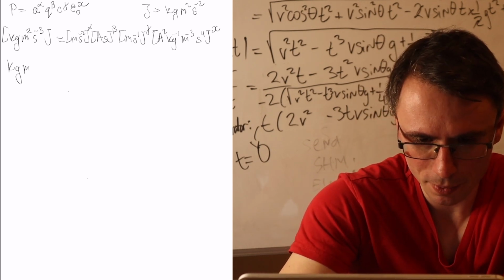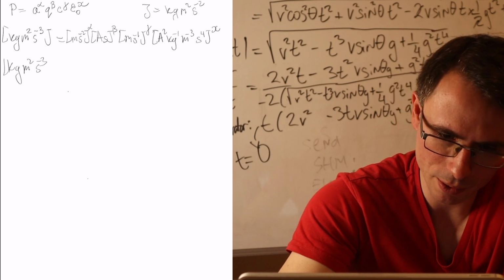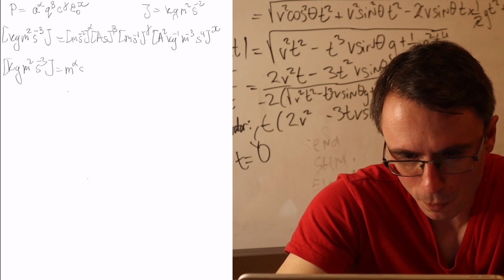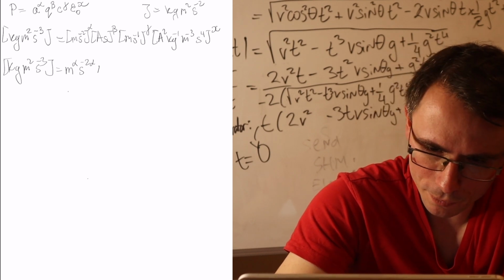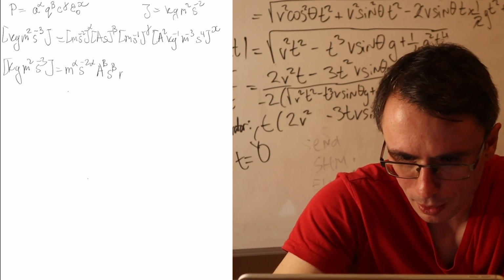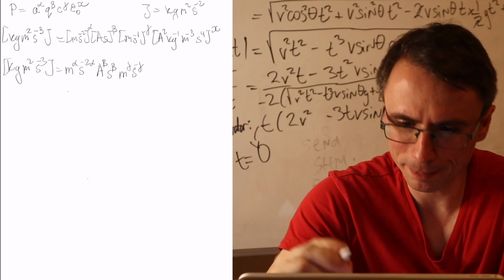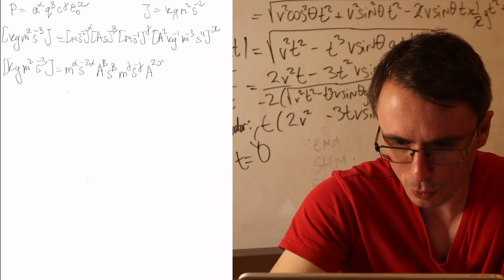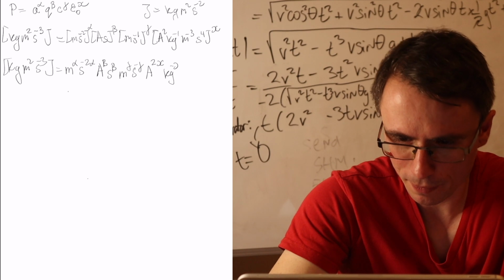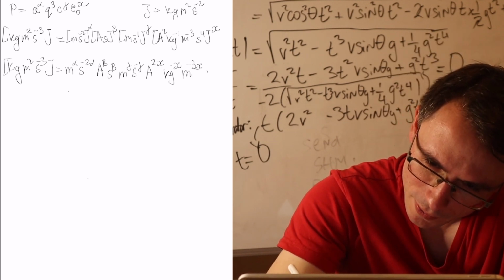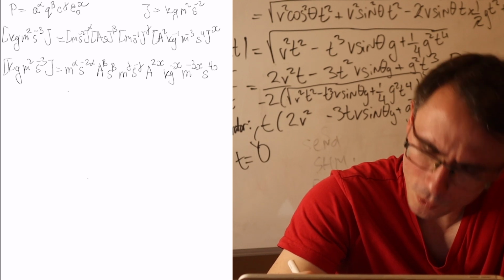That kilograms, meter squared, s to the power of minus 3 are going to be equal to, okay, m to the power of alpha, s to the power of minus 2 alpha, A to the power of beta, s to the power of beta, m to the power of gamma, s to the power of minus gamma, and then A to the power of 2x, kilograms to the power of minus x, m to the power of minus 3x, s to the power of 4x.